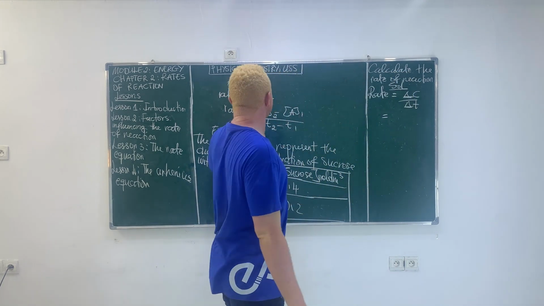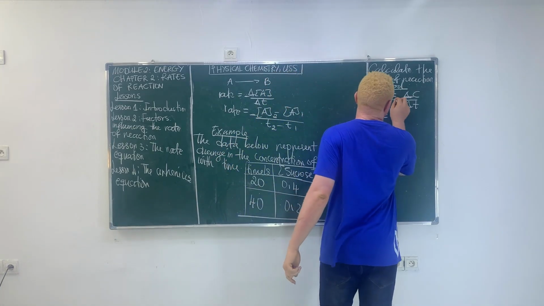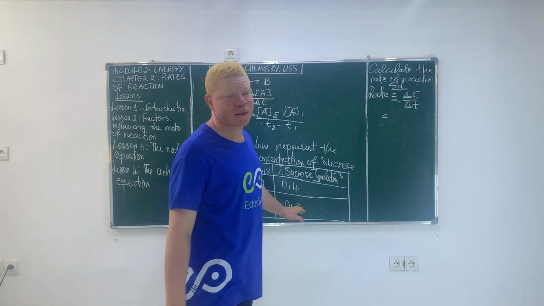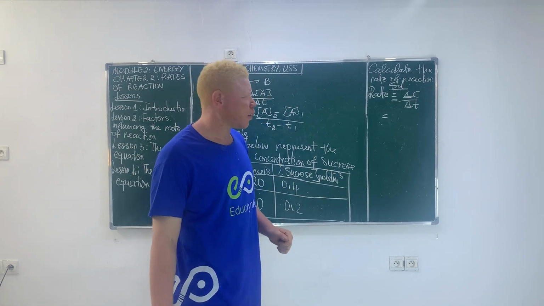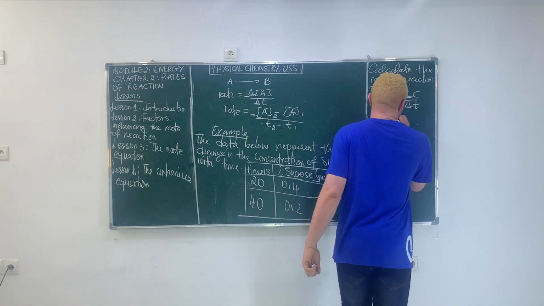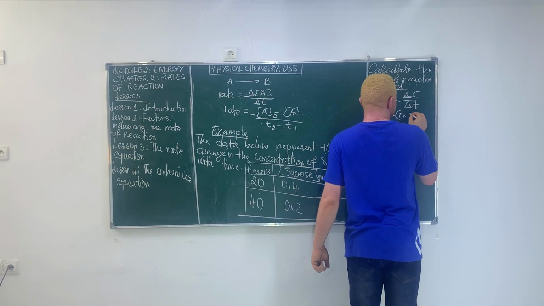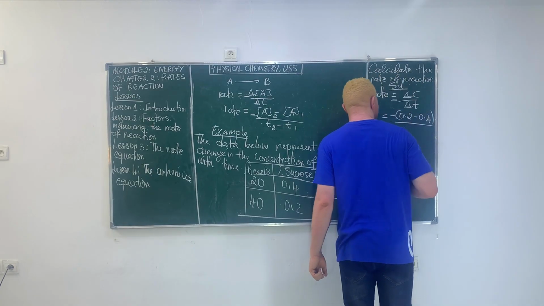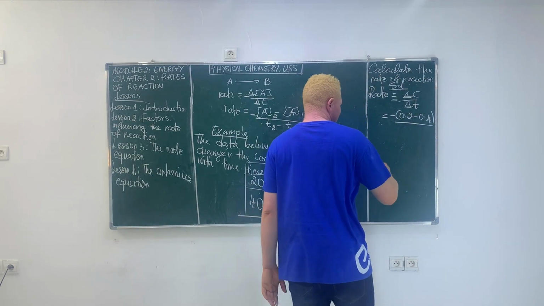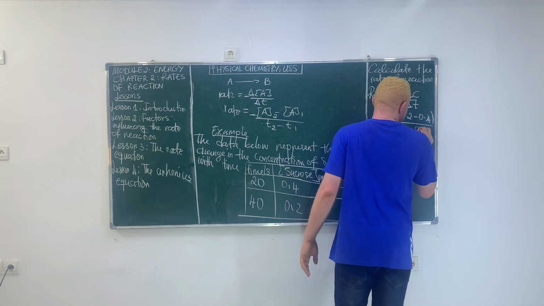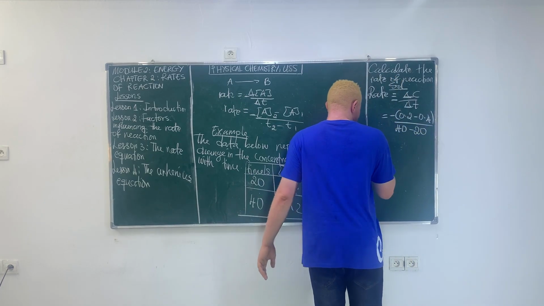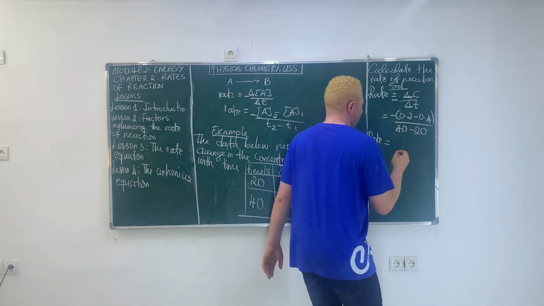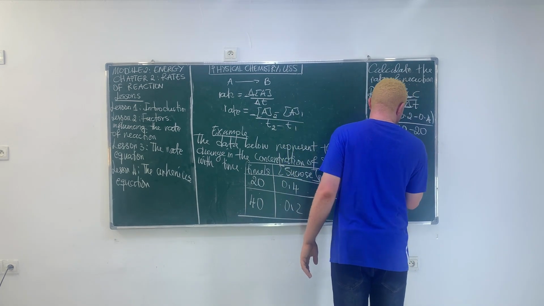Don't forget there's a negative sign here, so always put the negative. Remember it's the final concentration minus the initial concentration, and the final time minus the initial time: 0.2 minus 0.4 divided by 40 minus 6.